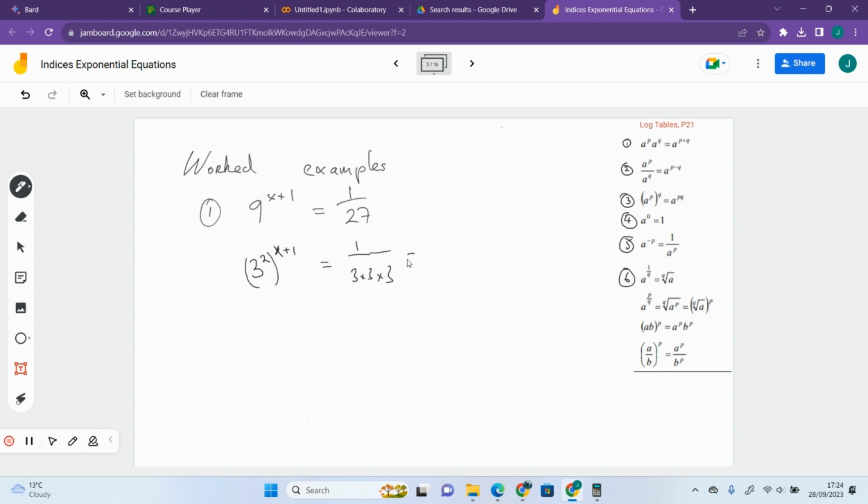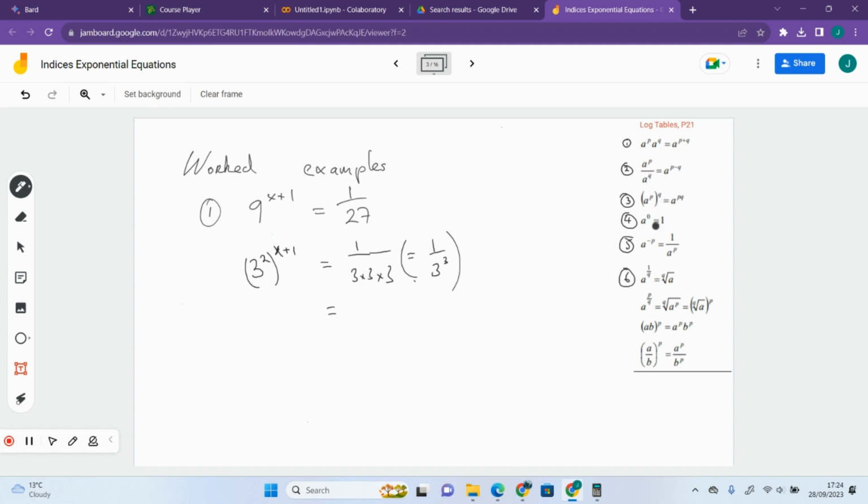So this part here will turn into 1 over 3 to the power of 3. We brought them to the same base. They're both bases of 3 now, but they're still not simplified enough. I'll do the right hand one first. Have a look at your rules and see if anything looks similar to 1 over 3 to the power of 3.